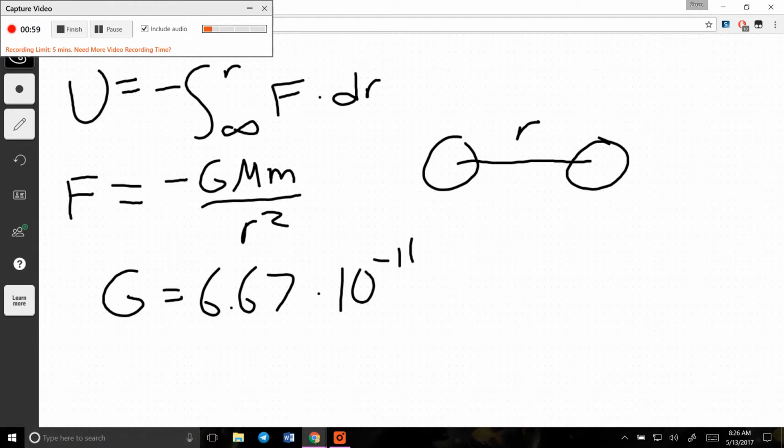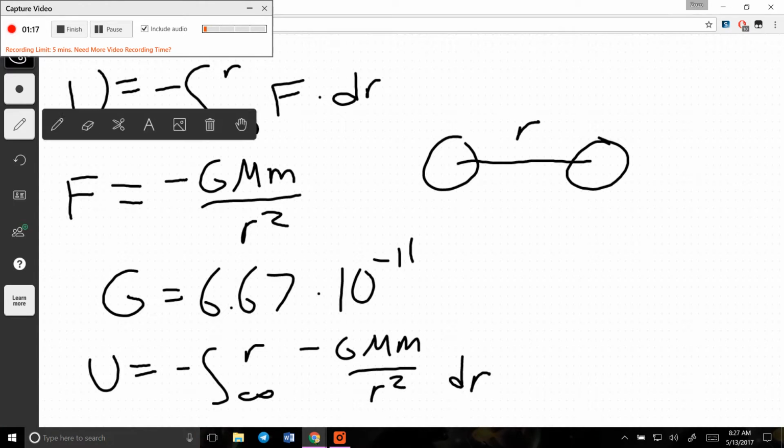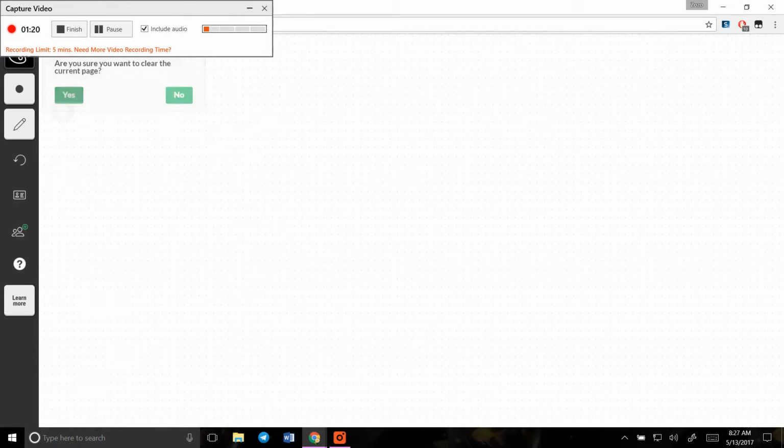So let's substitute this force into our equation for potential energy. Using a bit of calculus, we can use this to derive a simpler equation for gravitational potential energy.